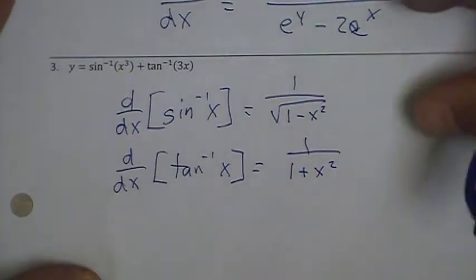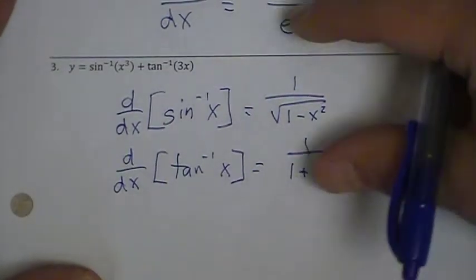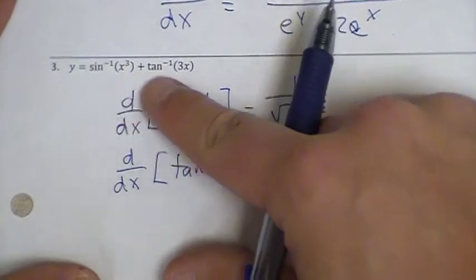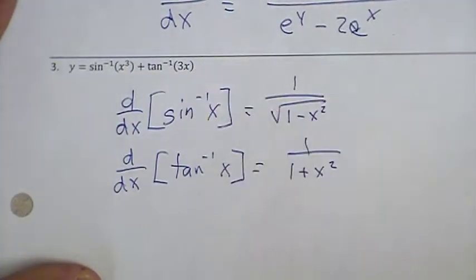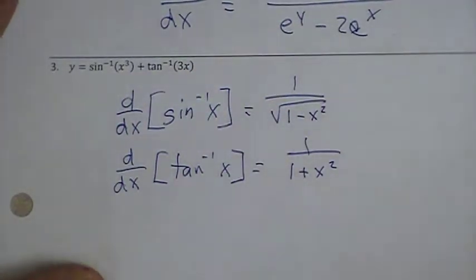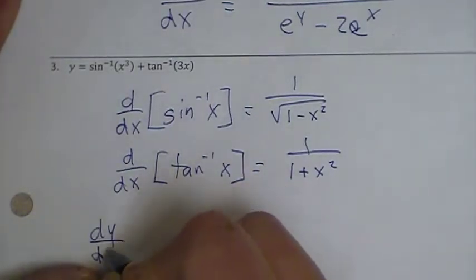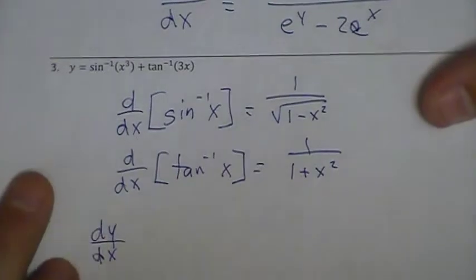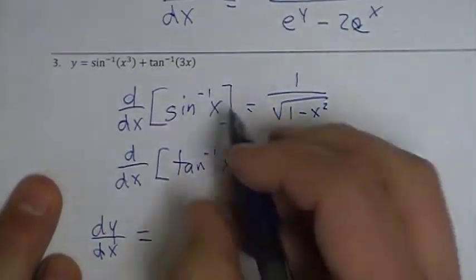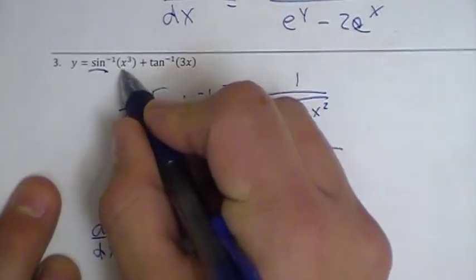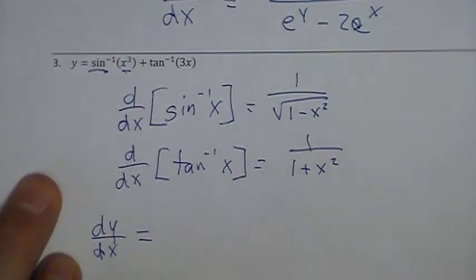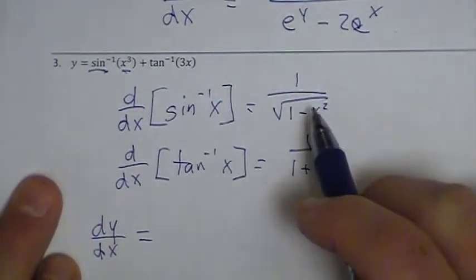I'm just going to have to use these two formulas in conjunction with the chain rule because we have a little bit more than an x inside both of these functions. So dy/dx, the derivative of the function y that was defined above, is going to require a chain rule because we have outer function inverse sine, inner function x cubed. Derivative of the outer function would be found using this.